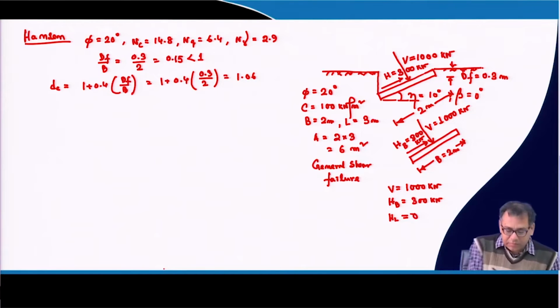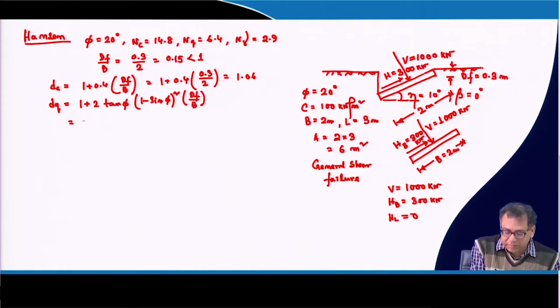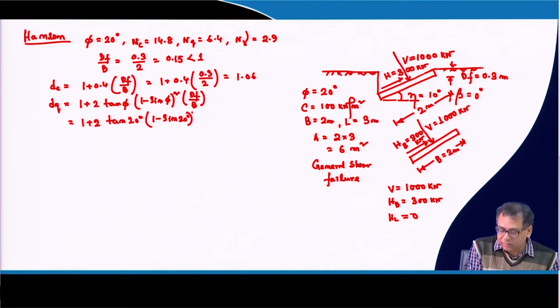Similarly, dq is equal to 1 plus 2 tan phi times (1 minus sin phi) whole square times Df by B. So, this is 1 plus 2 tan 20 degrees times (1 minus sin 20 degrees) whole square, Df is 0.3, B is 2.